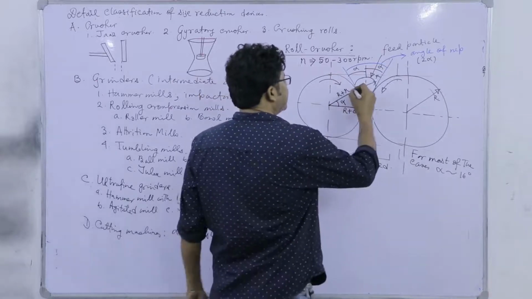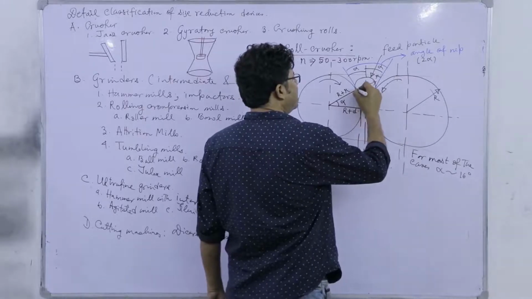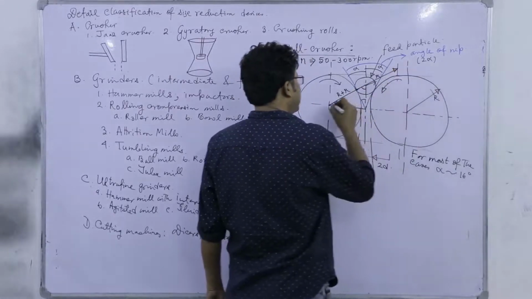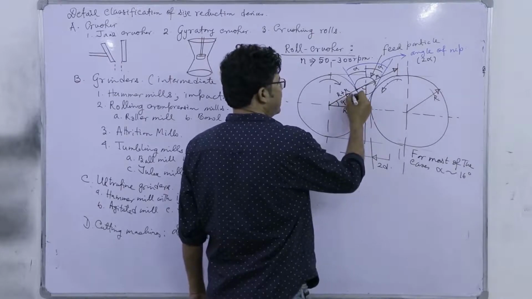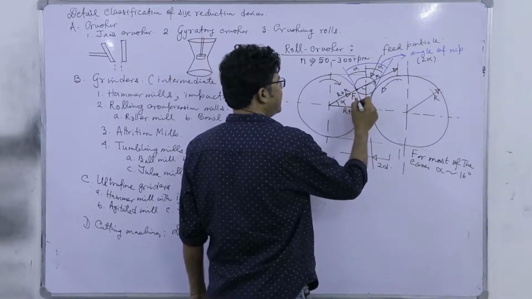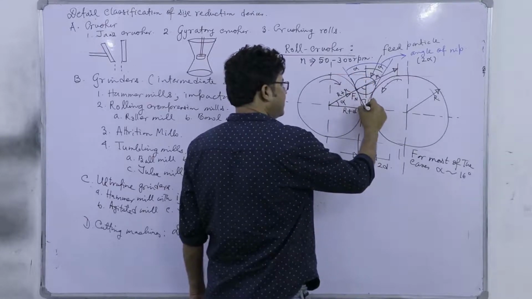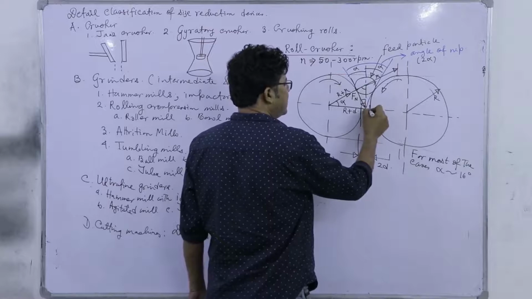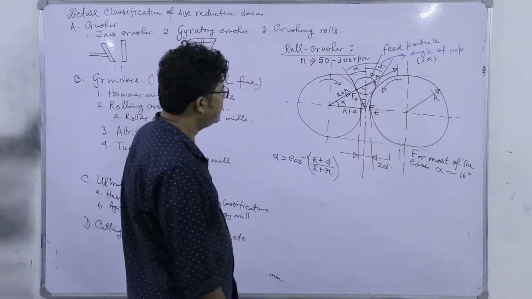You see that at this point there is a normal reaction force, and we can write it here. Let's call this normal reaction force Fn. And there is a tangential force in this direction as well, which is the force of friction. Let's say it is Ft, right.